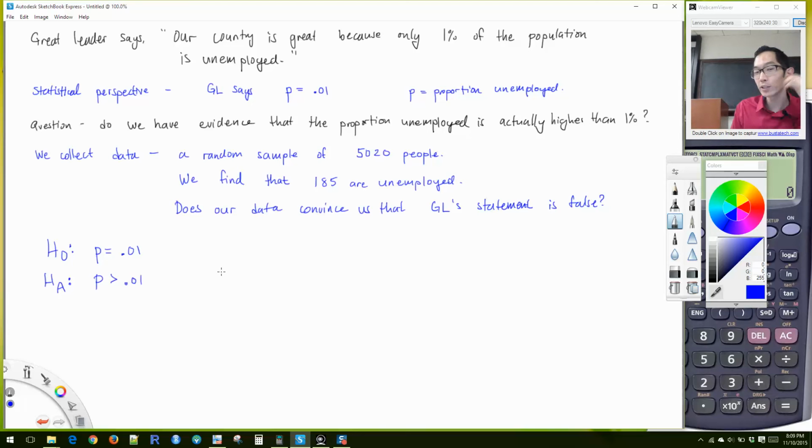If great leaders spoke the truth, how many people would we expect to find unemployed in our sample? What's that? 10%? We would expect to find that 1% of our 5,020 people to be unemployed. So how many people would that be?